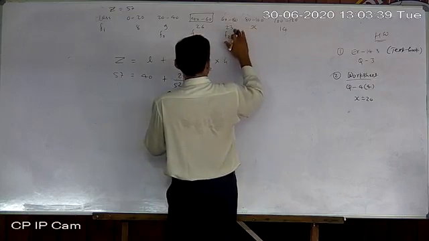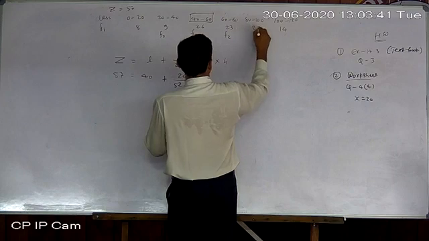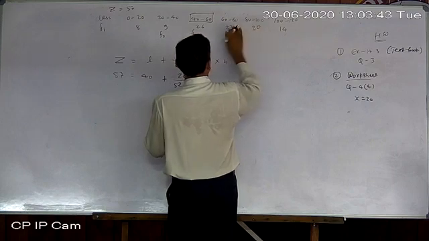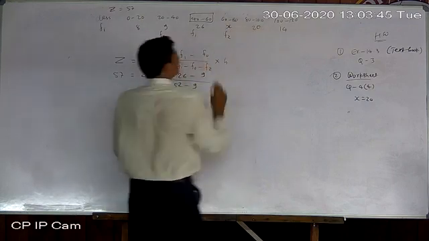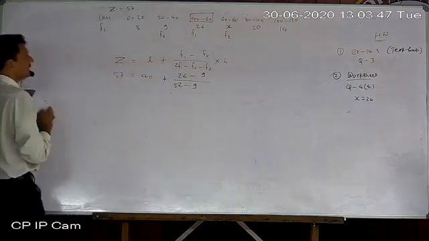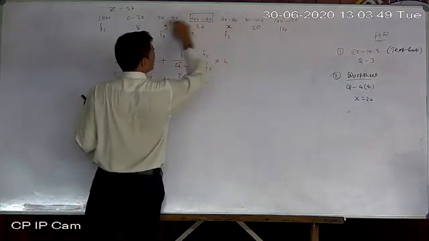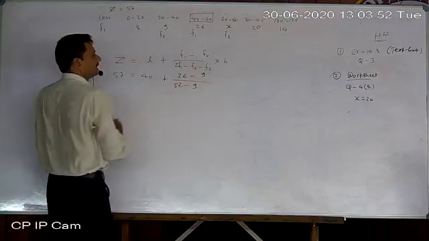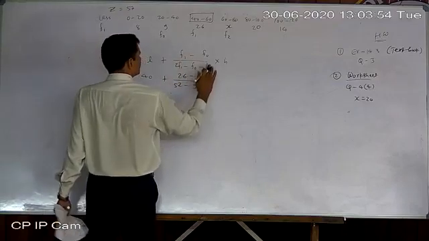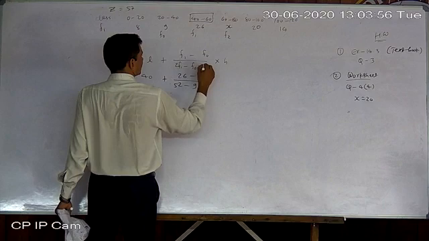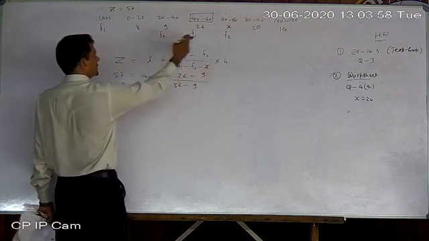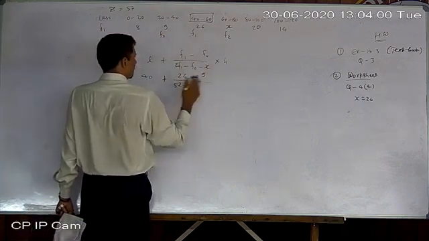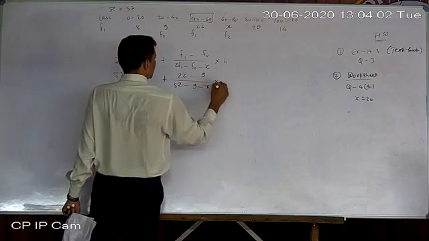This is 20, and this one is not given, it is X. X should be in this area only, otherwise it cannot come here. So F2 becomes X. F0 and F1 are right. So now 52 minus 9 minus X, into 20.